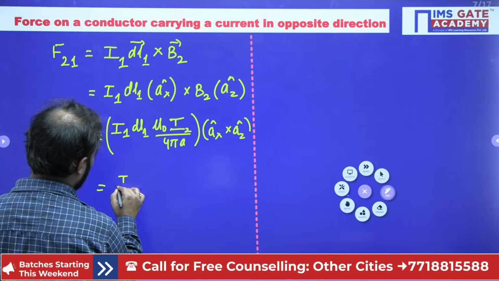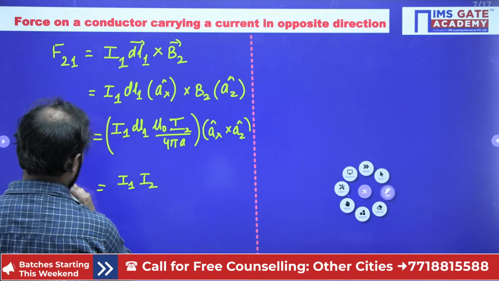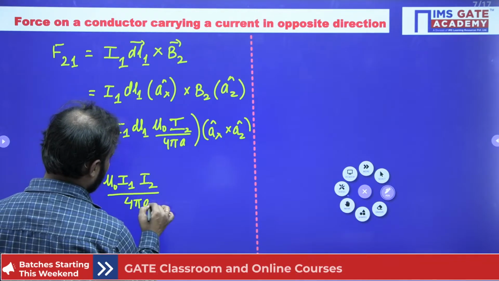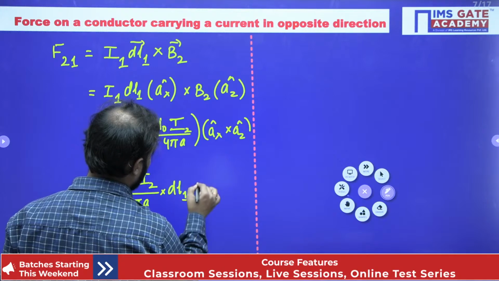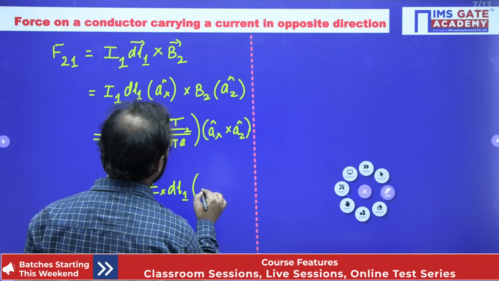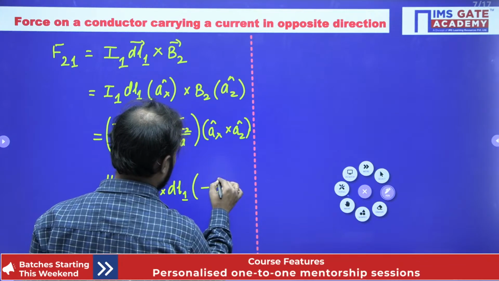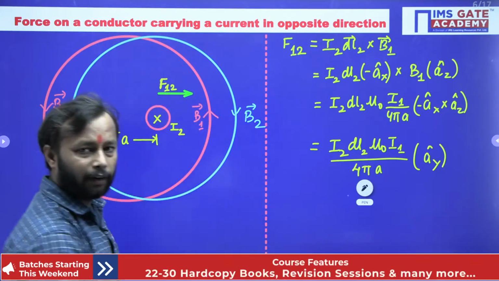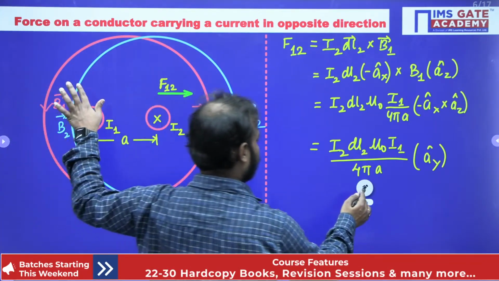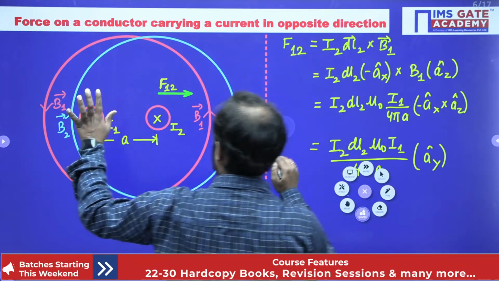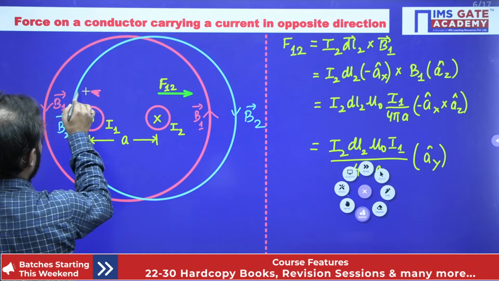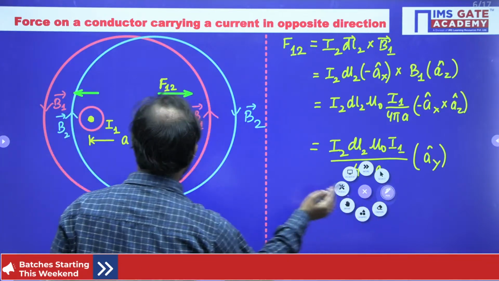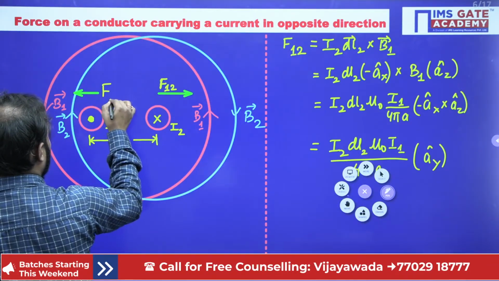So this becomes mu naught I1 I2 upon 4 pi A into del L1, and this will be minus AY. So minus AY means the force here will be in the opposite direction, like this. So this is F21.